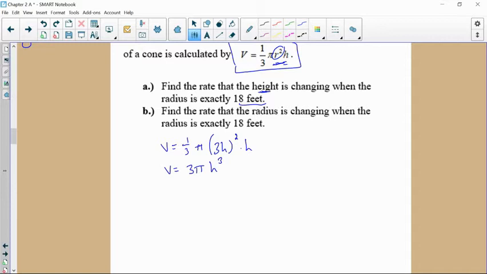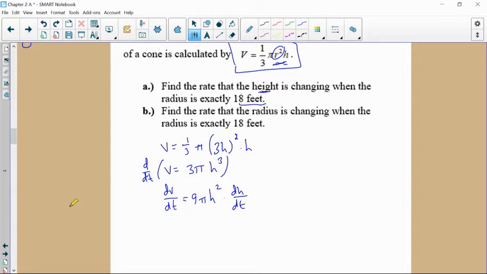As long as I have that relationship of the radius to the height, then this equation is perfect for this particular problem. So we're going to take d/dt of both sides, right? So introduce that rate. That means dV/dt equals 3 times 3 is 9 pi h squared times dh/dt.